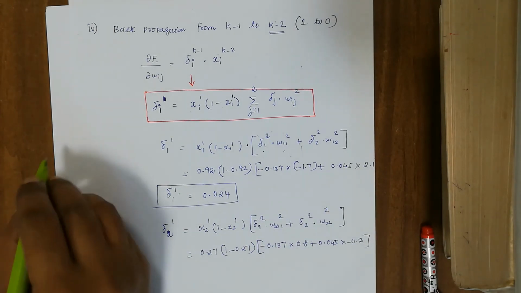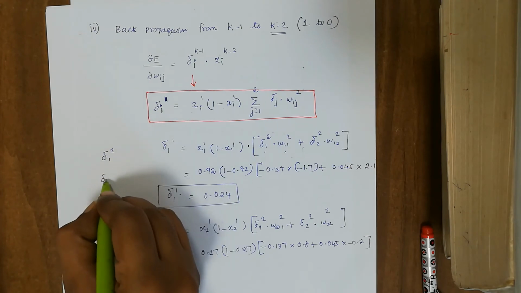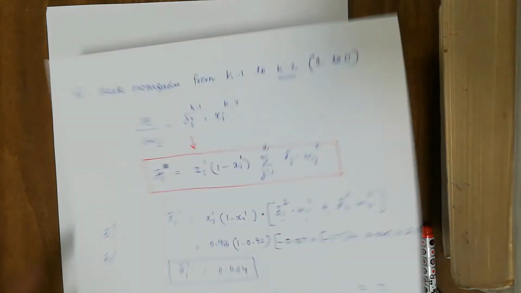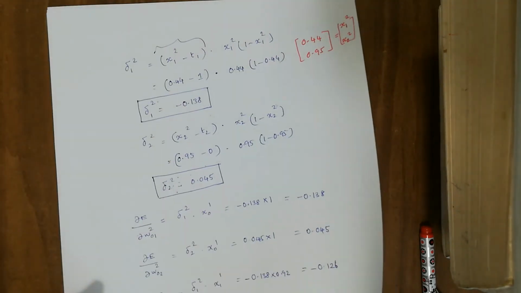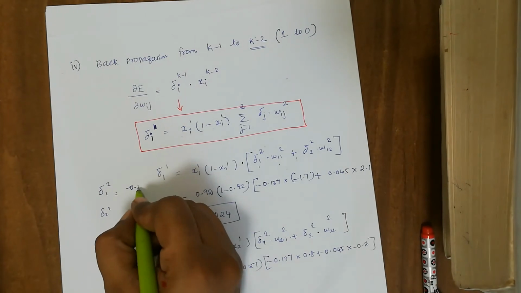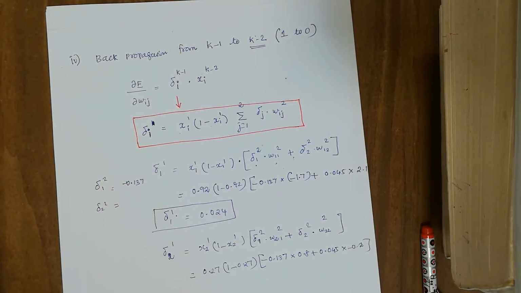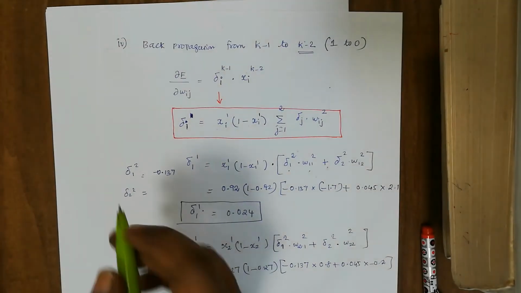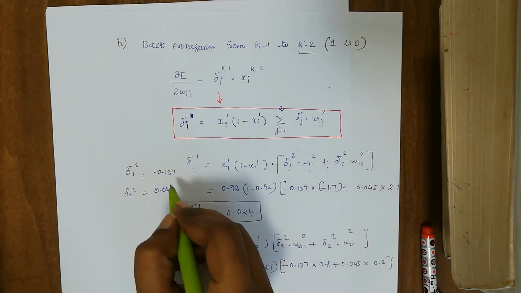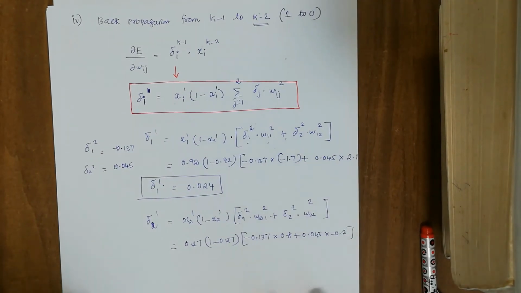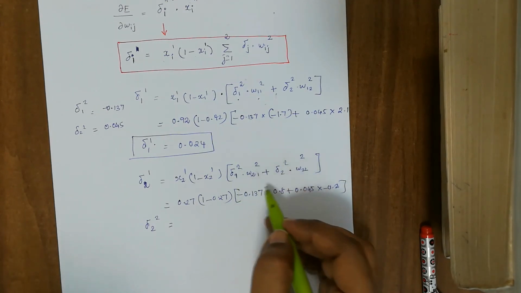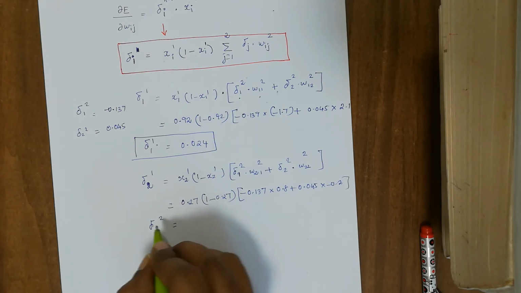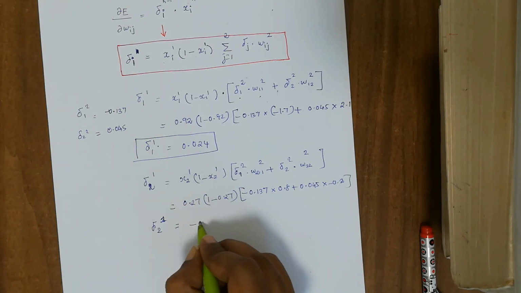We have written the values of del 1 2 as minus 0.138 or 0.137, and del 2 2 that was obtained as 0.045. Simply substituting all these values, we computed the error by summing up from the next layer error, del 2 1. This value is 0.02.